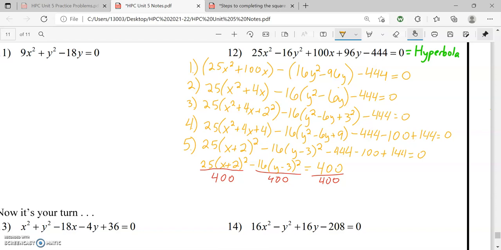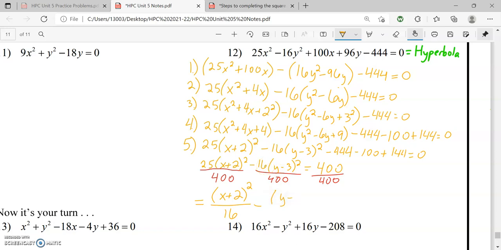Well, 25 divided by 400 is a nice even 16, so 1 over 16. So what we end with is x plus 2 squared over 16 minus, now if you took 400 divided by 16, what you get is a nice even number.